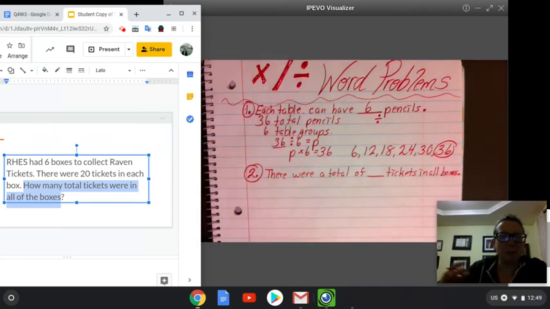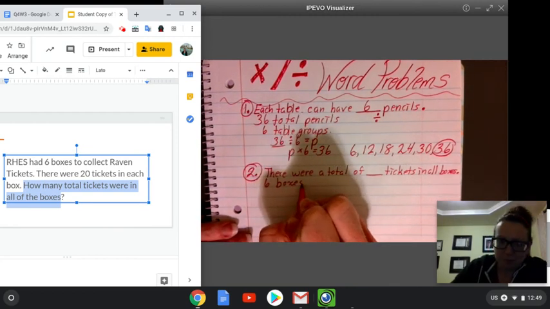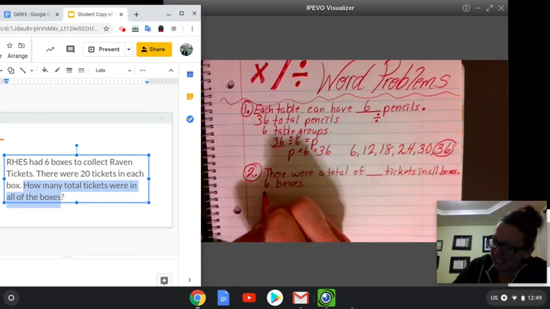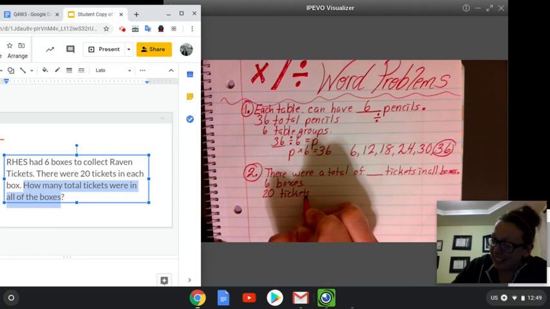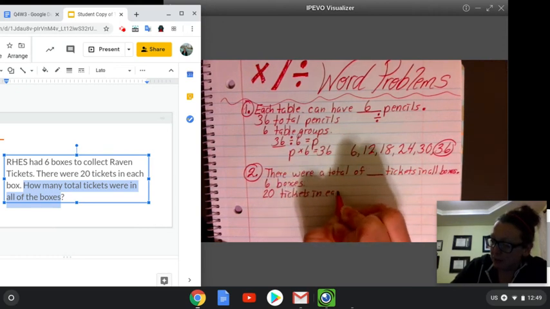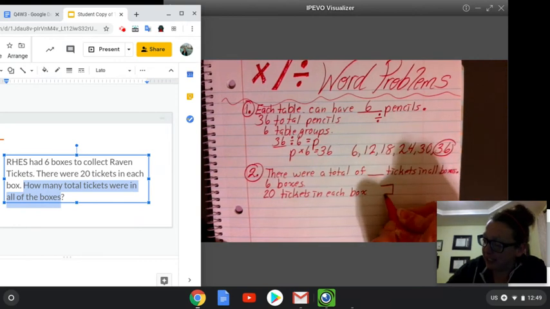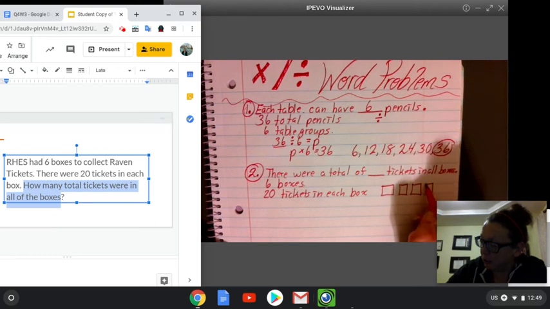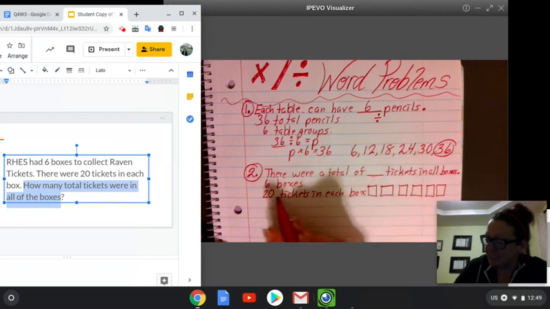Then I can go back and start to pull out my information. It tells me that there are 6 boxes. There were 20 tickets in each box. Imagine if we were to draw it out and we had 1, 2, 3, 4, 5, 6 boxes.